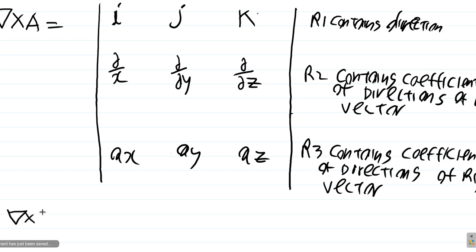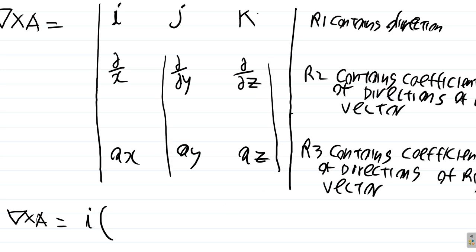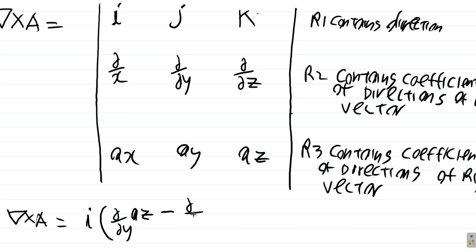So the curl, that is the cross product between del and A, is equal to i times this determinant, because you cover up the row and column that contains i, is going to be delta by delta y of Az minus delta by delta z of Ax.